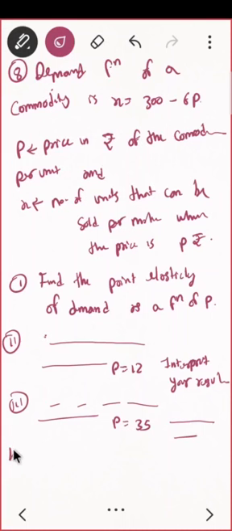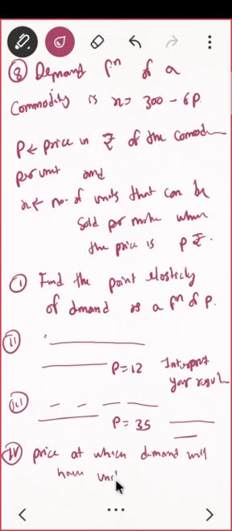And fourth, find the price at which demand will have unitary elasticity. Okay, so these are the four questions.